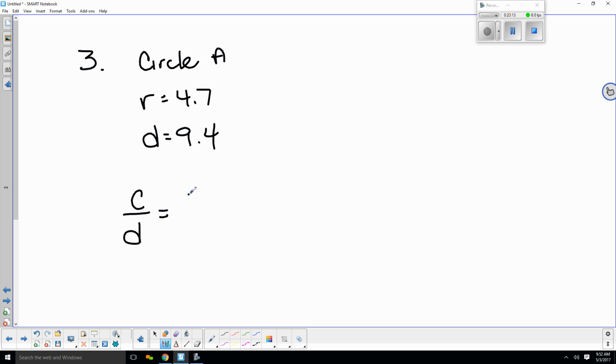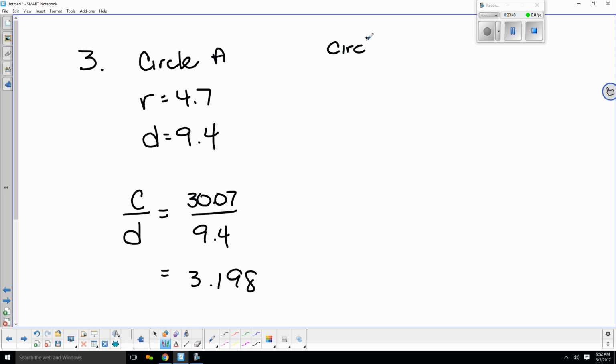They told me the circumference was 30.07, and I'm going to divide it by 9.4. Somebody with a calculator, do that very quickly. 3.198. Okay, we'll stop right there.